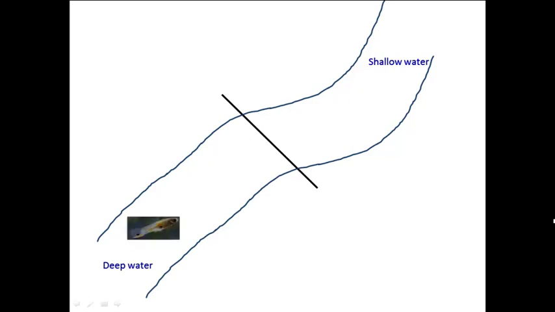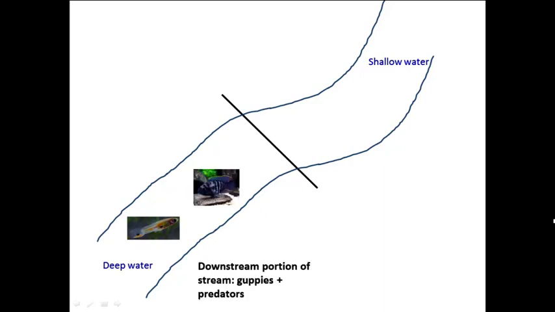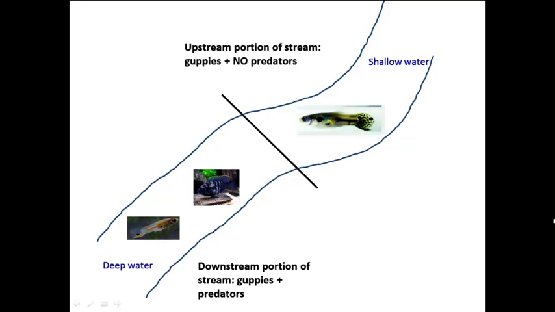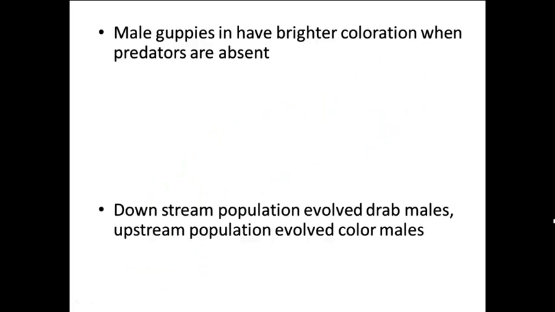Downstream, where there was deep water, they found that there were guppies and predators of guppies called cichlids, okay, that like to eat the guppies. While upstream, they found that there were just guppies, no predators. Okay? So they looked at this, and what they found was that male guppies have brighter coloration when predators are present.